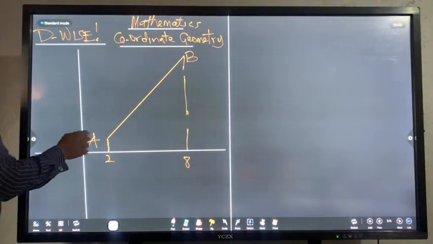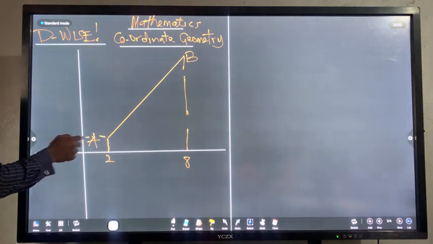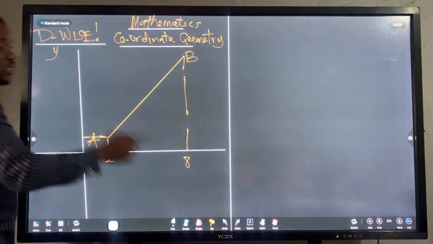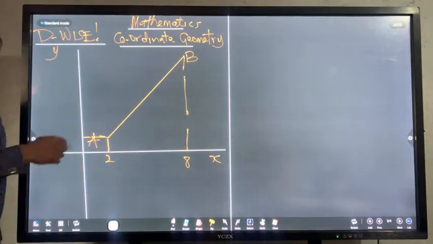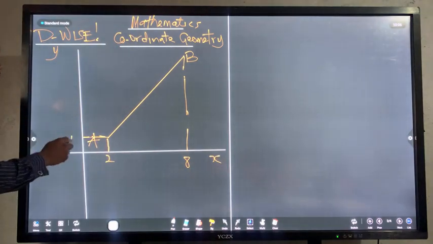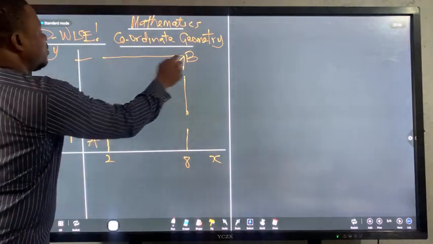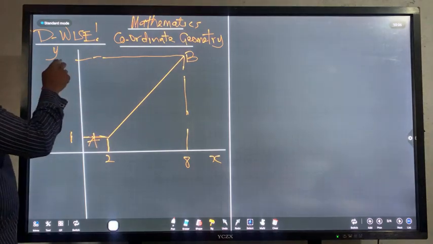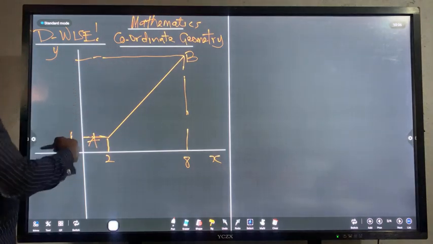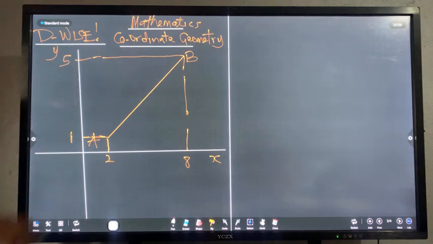You know this is the y-axis and this is the x-axis, right? Let's say I have 1 here, and then if I drag this to this point, let me say I have 5 here, for example, right?